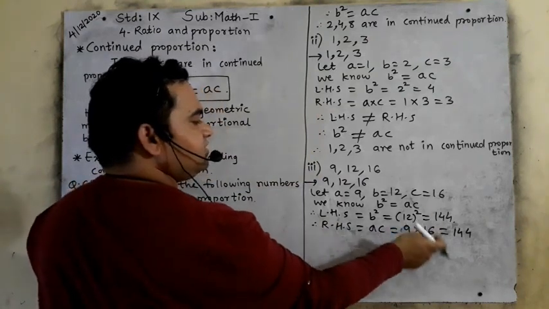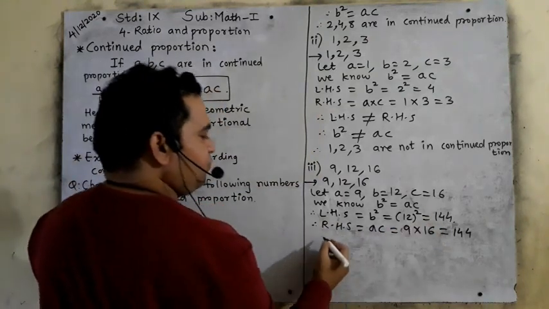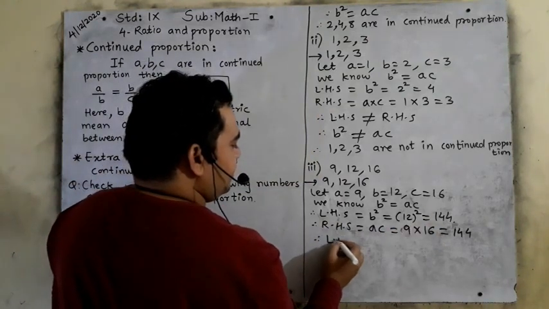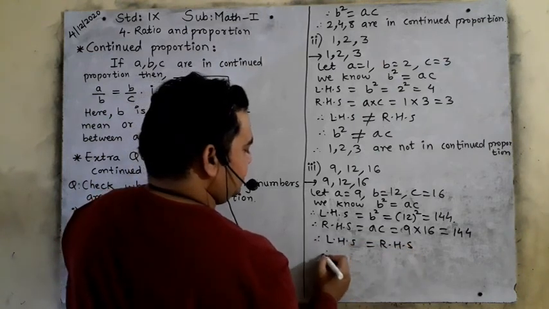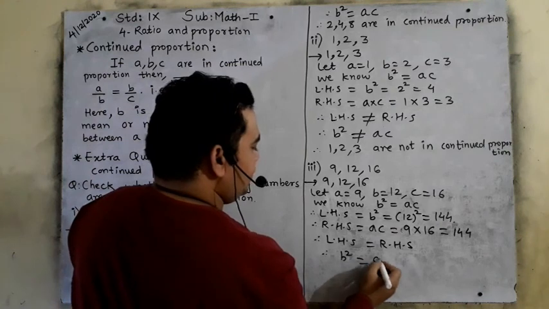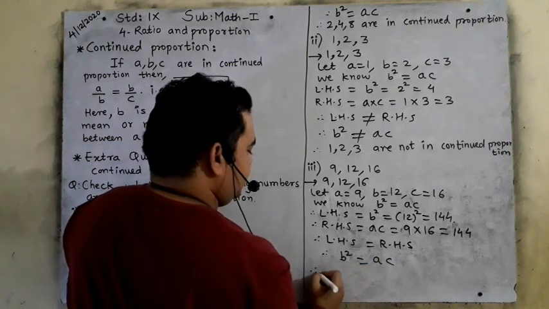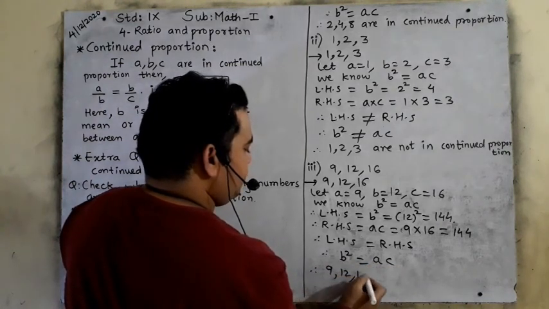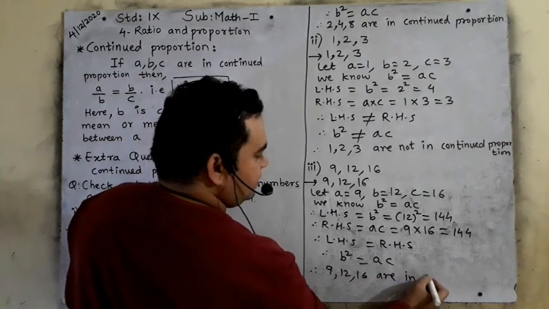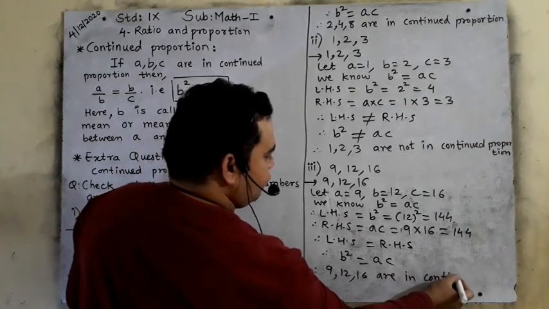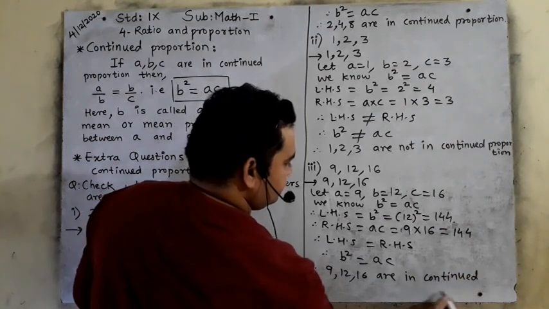Can you see the answer matches? 144, 144. Therefore LHS is equal to RHS. Therefore B square is equal to AC. Therefore 9, 12, 16 are in continued proportion. I hope you understood how to solve this.